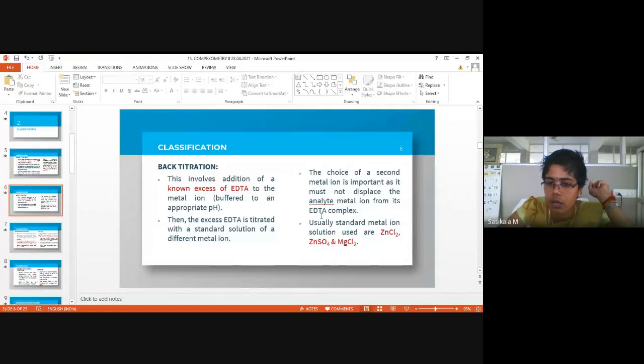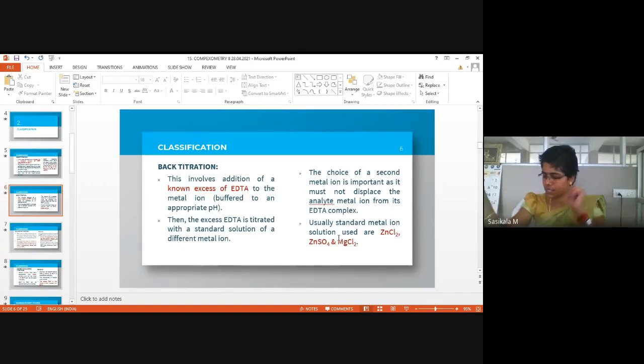These three will be our options for preparing the standard solution of the second metal ion, that is a known standard for analyzing other metals. So what substances will be used for preparing the standard solution for back titration? Zinc chloride, zinc sulfate and magnesium chloride.